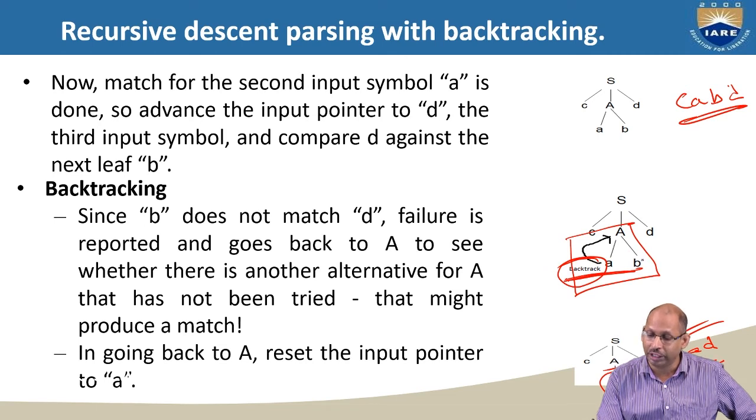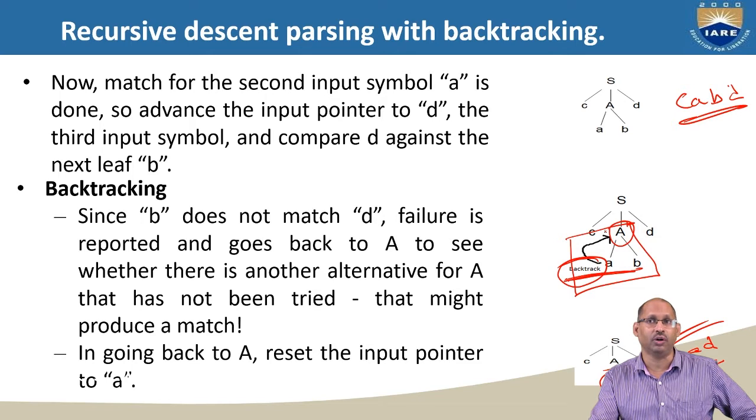So we are going back to our parent non-terminal and we select its alternative production, so that we are able to derive our required string. So here A gives A and our given string.